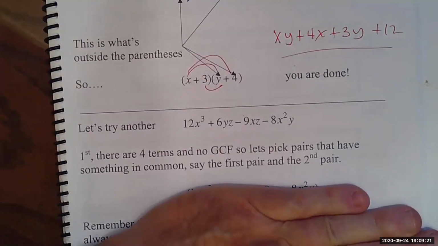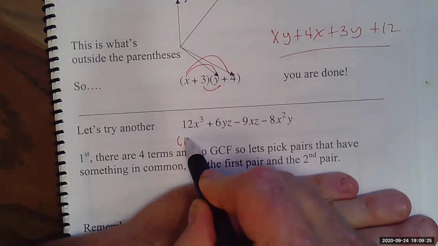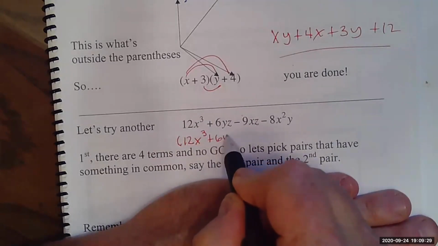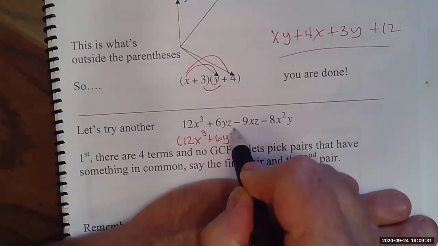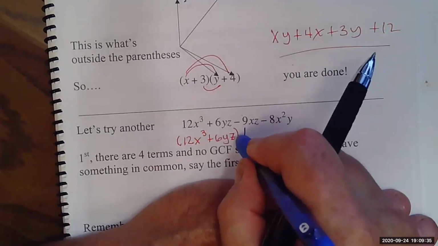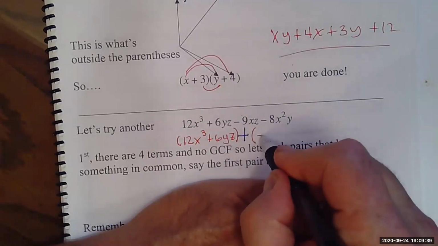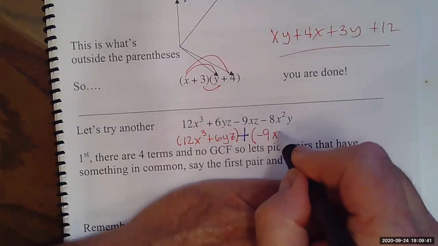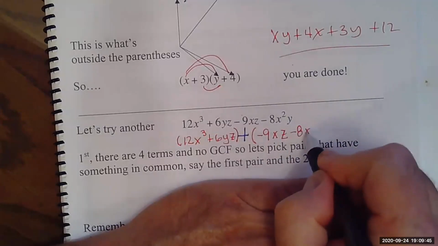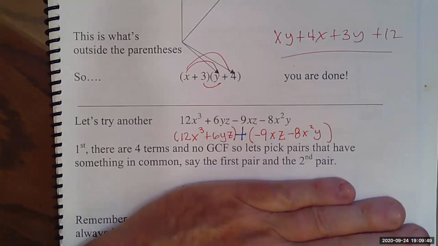So I go parentheses 12x cubed plus 6yz, parentheses. Always a plus sign right here, in blue. And then parentheses. The negative goes with the 9, the negative goes with the 8, of course. That's what I have down here, by the way.